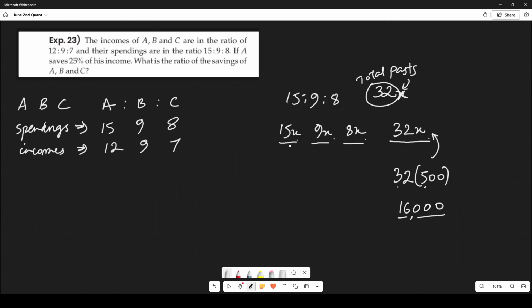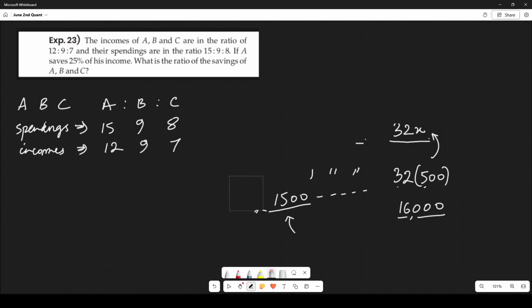And 15 times 500 is 7,500. If you can find the other values as well, these are the actual values. Rupee 7,500 is the income of A. Anyways, that's just a concept to keep in mind. Let's go ahead with the problem.